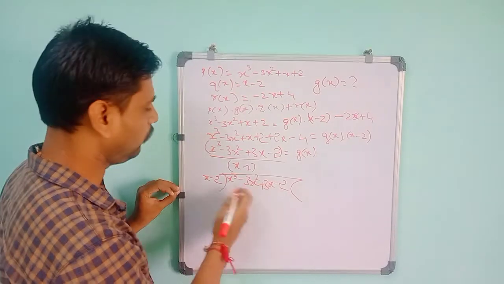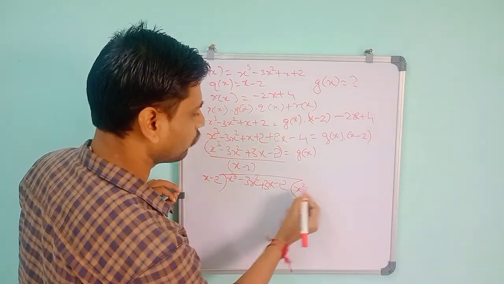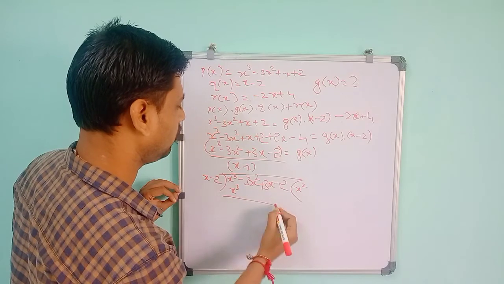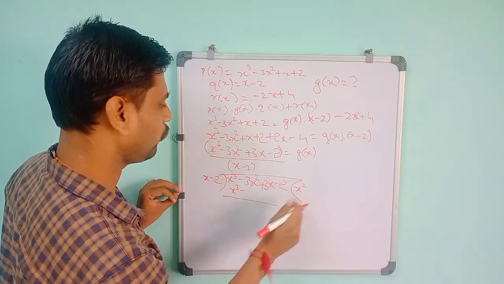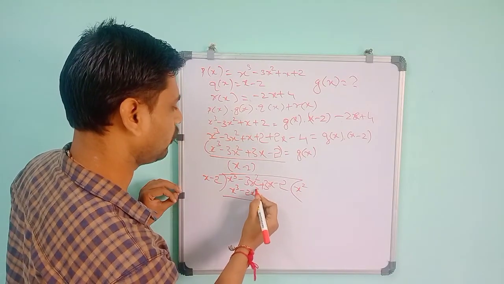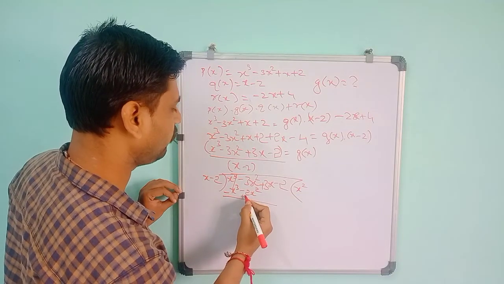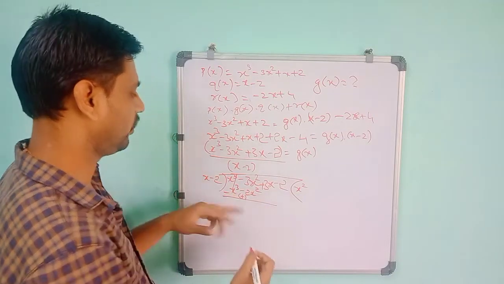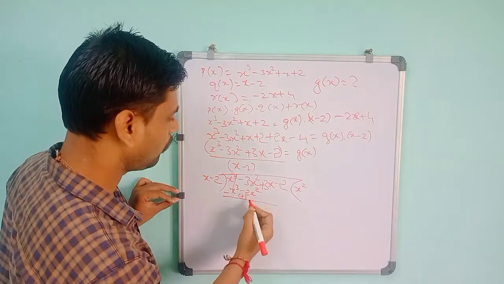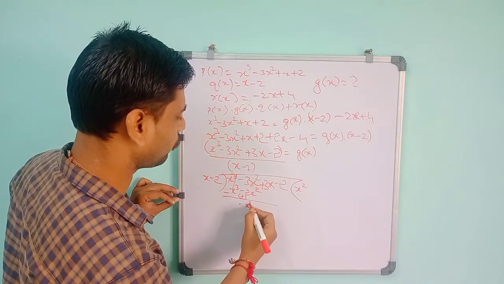To make x cube, x into x square is x cube, and minus 2 into x square is minus 2x square. The x cube cancels. The sign changes in the second line, so plus 2x square, minus 3x square plus 2x square is minus x square.